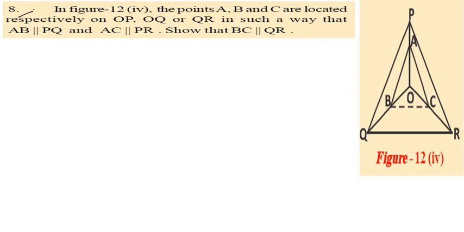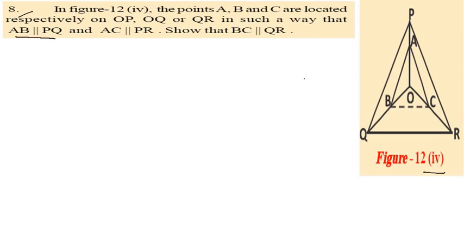Now come to the last question of this exercise. In the figure, the points A, B, C are located on OP, OQ and OR in such a way that AB is parallel to PQ and AC is parallel to PR, so that BC is parallel to QR. First of all, AB parallel to PQ.